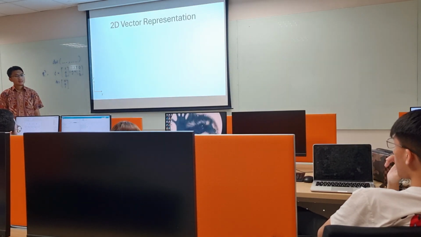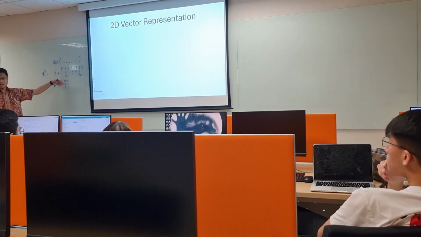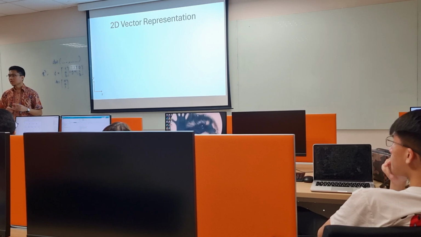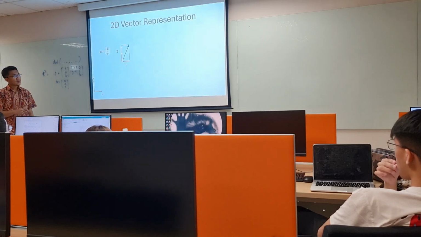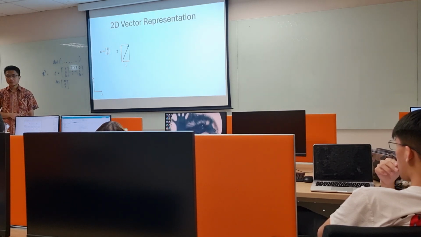Okay. A vector is an array, like we discussed earlier. This is a vector, but we can also represent a vector in a two-dimensional representation, and this is how we represent it using an arrow. The arrow has two axes here, the x-axis and the y-axis.